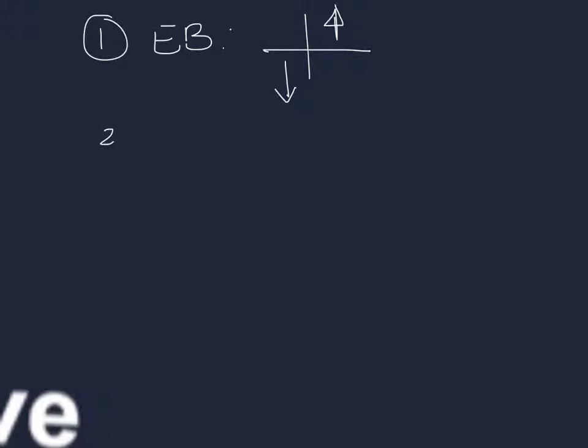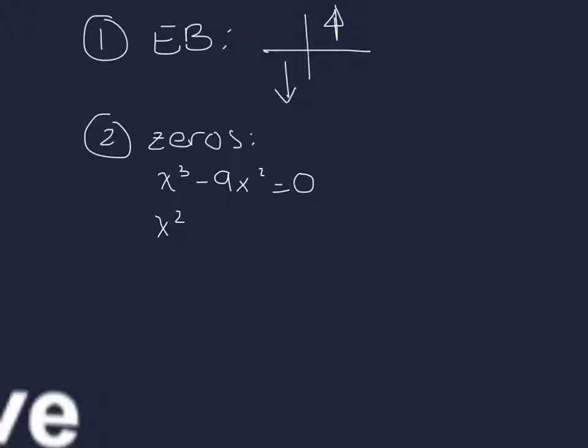The second thing I want to do is find my zeros. The given, again, was x cubed minus 9x squared, and we're setting that equal to 0. Here I can factor out an x squared, and then I get x minus 9 equals 0. So I get x squared equals 0, and x minus 9 equals 0.